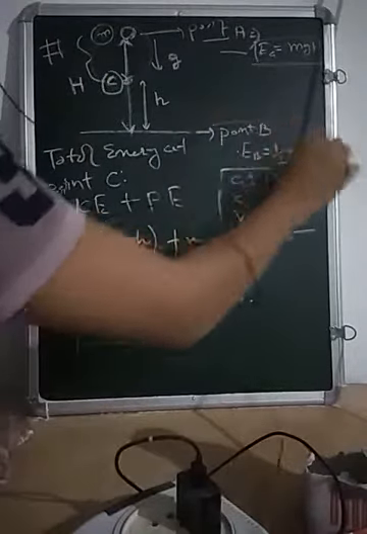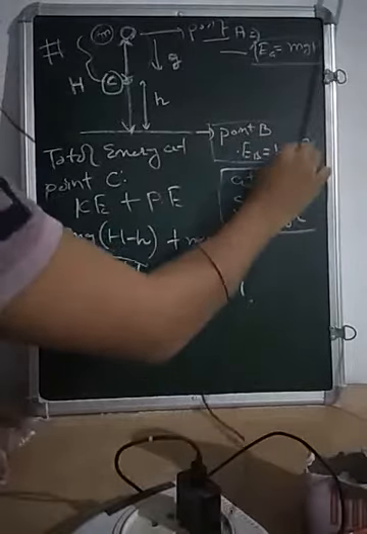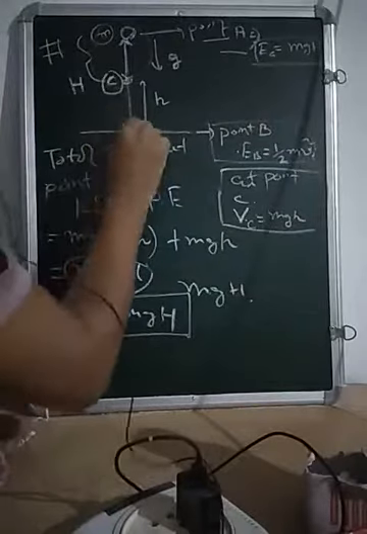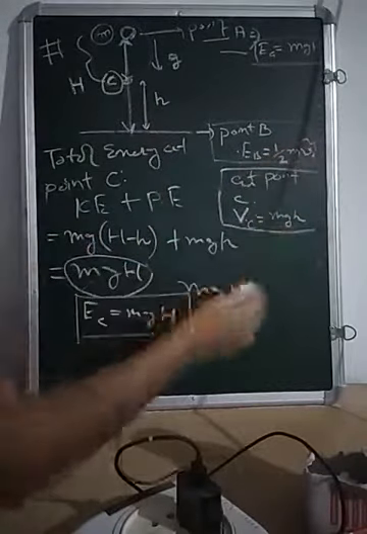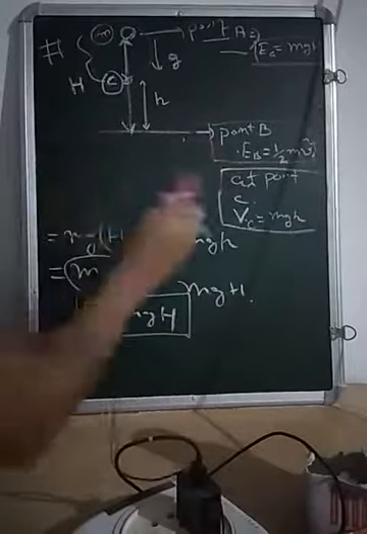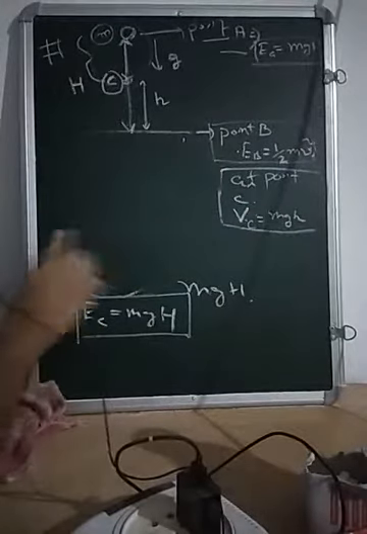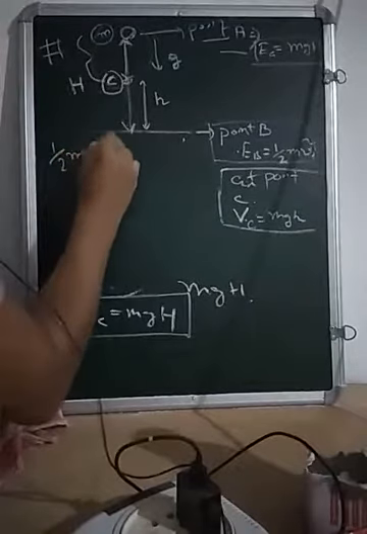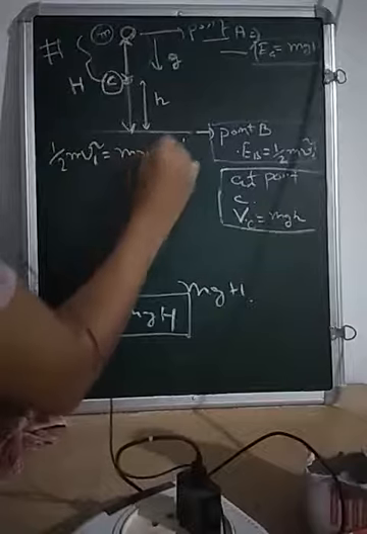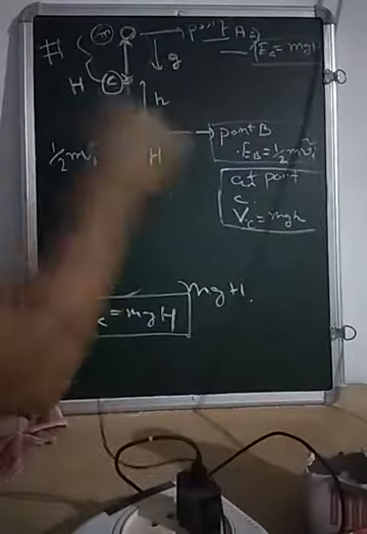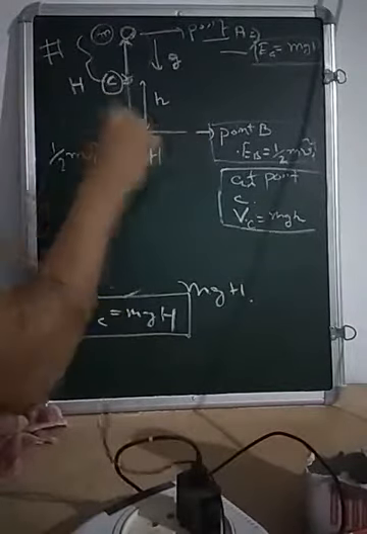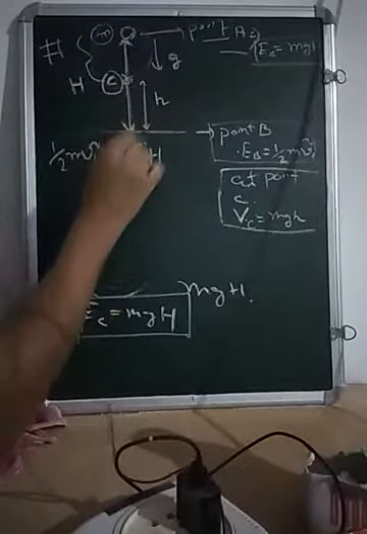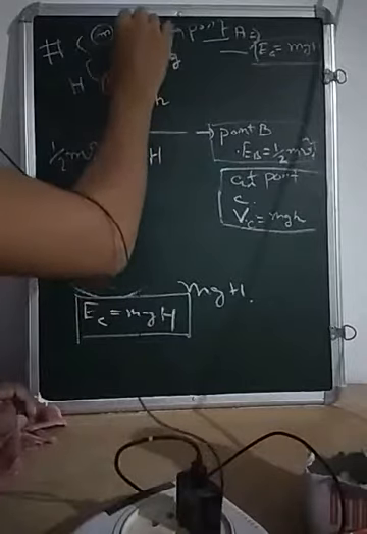And at point B, total energy how much? Half of m v1 square, where v1 is the velocity of this body at point B. Another thing we obtained earlier is that half of m v1 square is equal to mgH. We derived this earlier. That is, the kinetic energy at the lowest position is equal to the potential energy at the highest position.